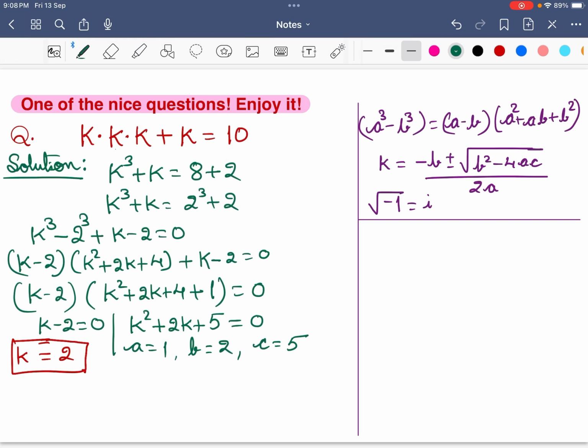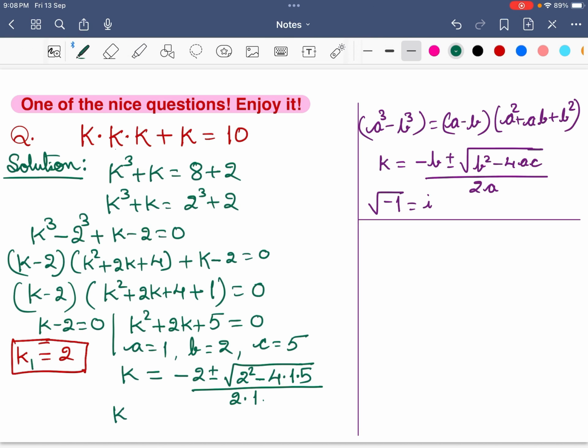Now let us put in the values. k is equal to minus b, that is minus 2, plus minus square root of b square, that is 2 square, minus 4 times a which is 1 times c which is 5, whole upon 2a, that is 2 times 1.